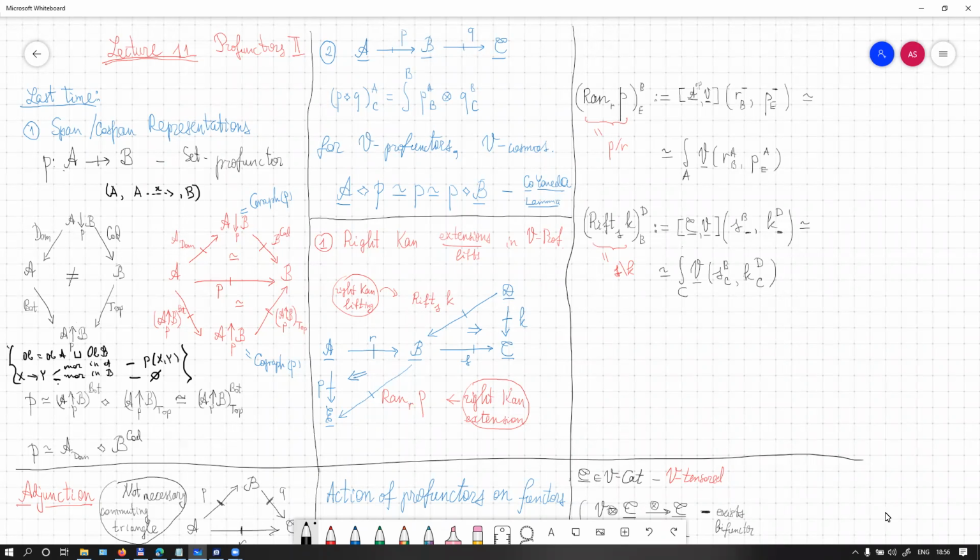We have defined four functors: domain, codomain, bottom, and top. Domain and codomain are usual functors for comma categories which extract the first or second component. For the co-comma category, we have embeddings of category A and category B into it.